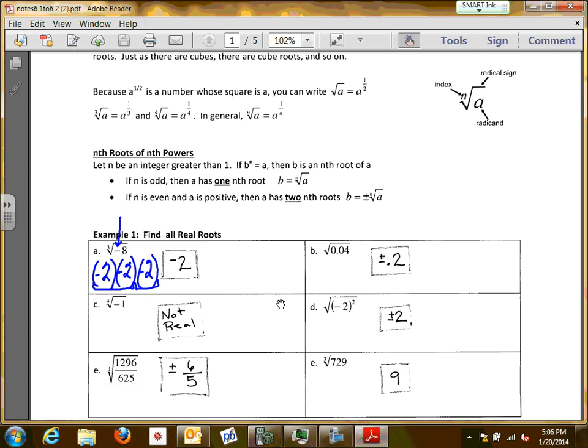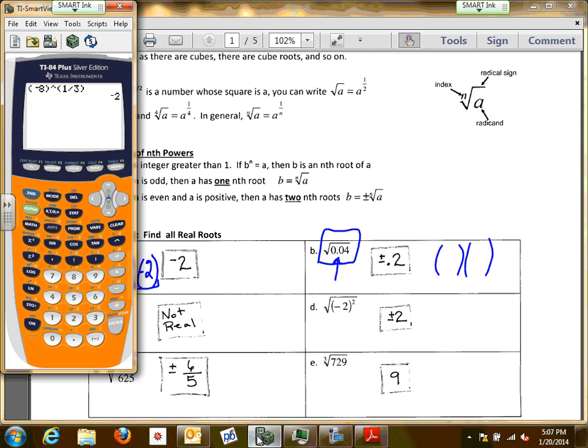Now, if you look at B, you have this value as a square root. Well, here's the deal. What's inside here is now positive and it is just a square root. So that's telling me I need two things to multiply together to give me 0.04. Well, I know that that's naturally not something that you're thinking of in terms of numbers, but they're decimals, so they're kind of awkward numbers.